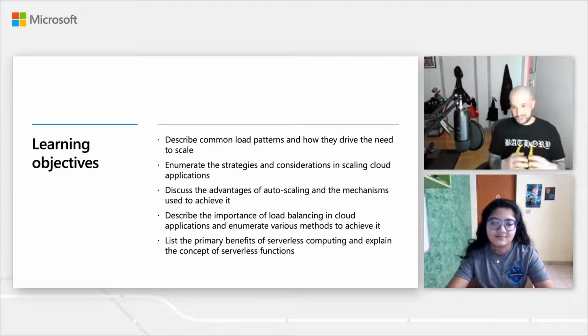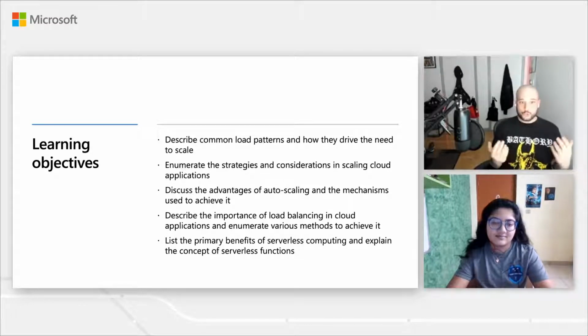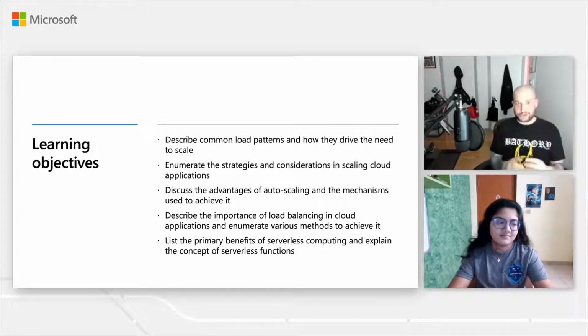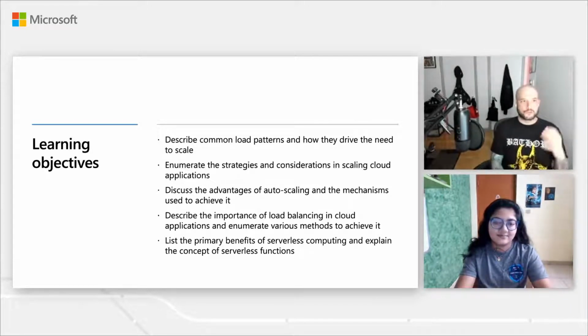If you already have these, it'll really help you understand these learning objectives: describing load patterns, enumerating strategies and considerations for scaling cloud apps, discussing the advantages of auto-scaling and the mechanisms used to achieve it, describing the importance of load balancing cloud applications and enumerating the various methods to achieve it, and listing the primary benefits of serverless computing and explaining the concept of serverless functions.